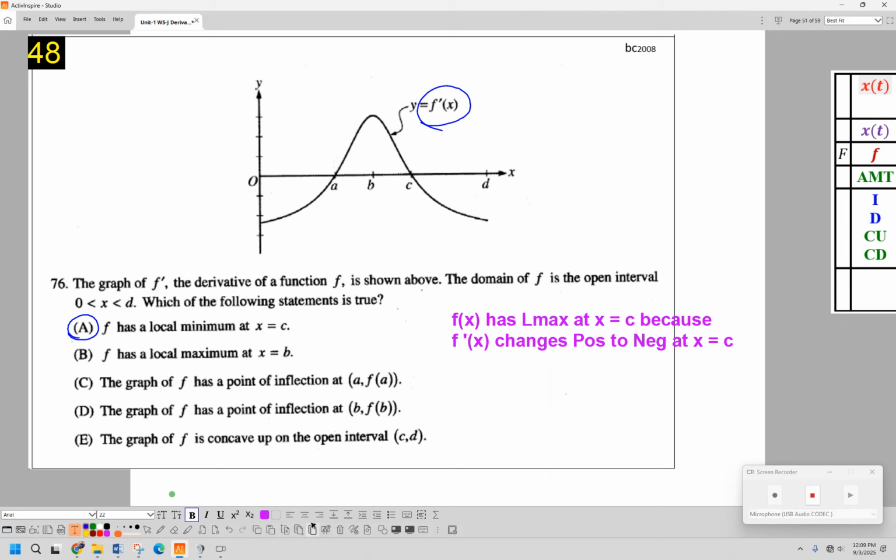So let's type that out. f prime of x has a local max at x equals b because f prime of x changes from increase to decrease at x equals b. That was perfect. So statement B is also false because it's not the blue statement. The blue statement is the true version of statement B. We want to talk more about that.